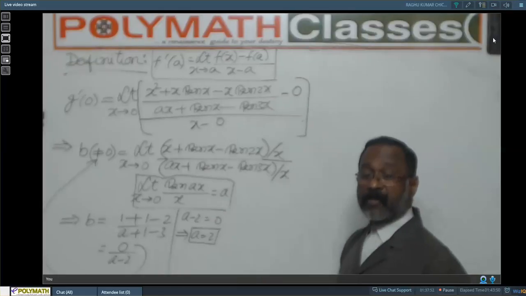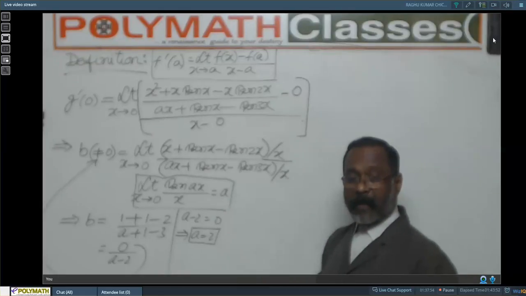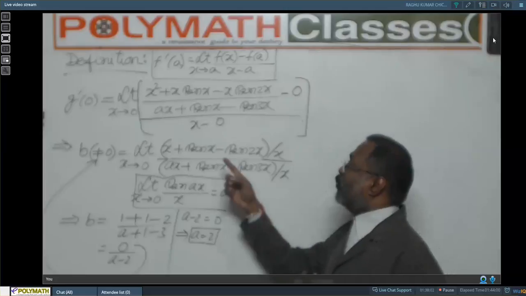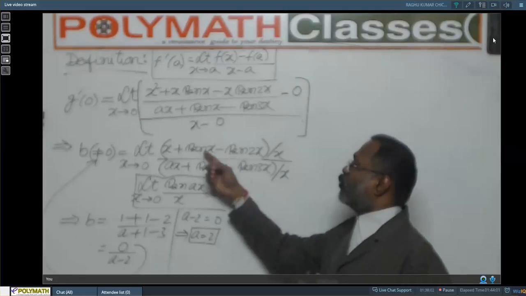Now, to proceed further and solve the limit, let us apply L'Hospital's rule. You need not apply L'Hospital's rule only. If you are comfortable with the expansions, you can make use of the tan x, tan 2x expansions and solve this problem like that also.